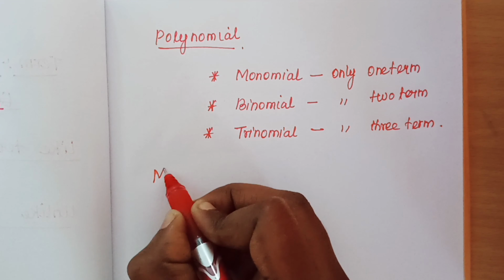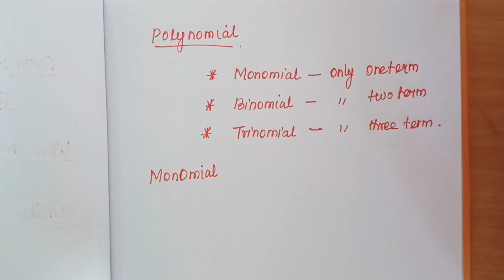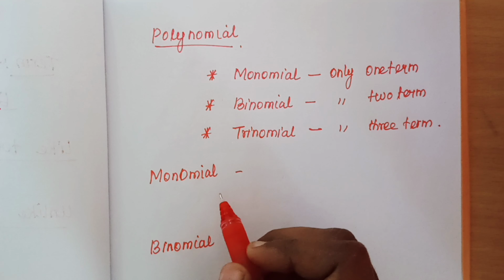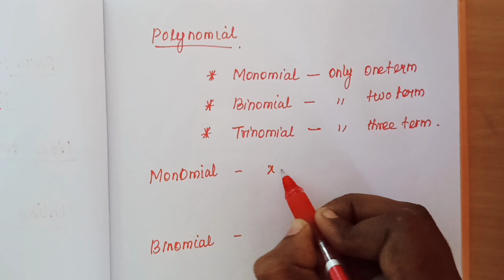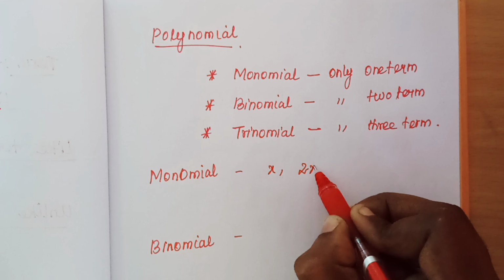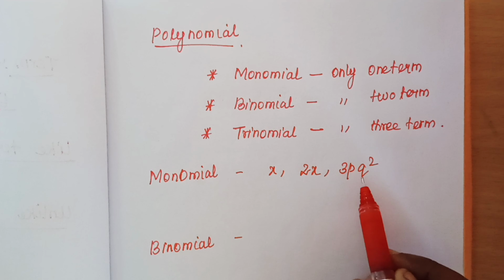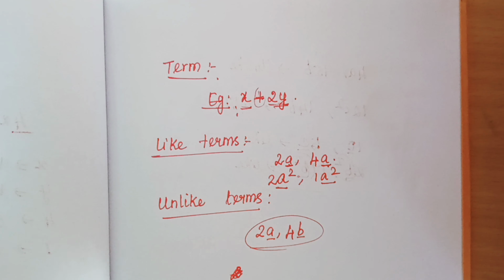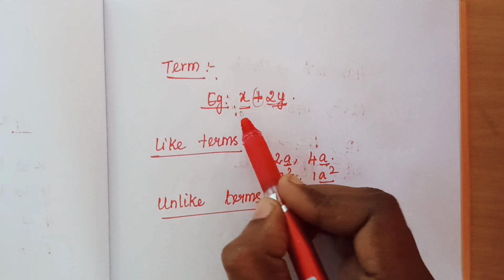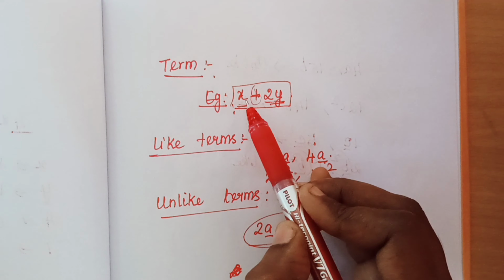Clear? Now in monomial I'll give you an example. Monomial has only one term. So examples: x, 2x, 3pq square. How many terms do you have? Only one term. Already you know what is meant by terms, right? I have given you the example of what is meant by terms.